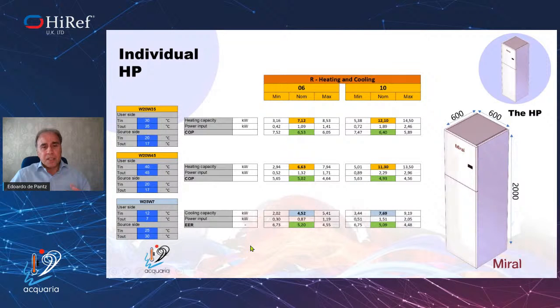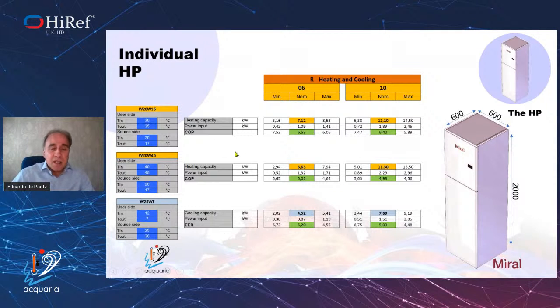The standard as a reference is EN 14511, but I give you here as a working example 3 different working points. In heating, 30-35, typical for underfloor heating, or 40-45 in case of fan coil, and on the loop side, 20-17. And one cooling condition that is, for example, 7-12, typical fan coil, and 25-30 on the loop side.